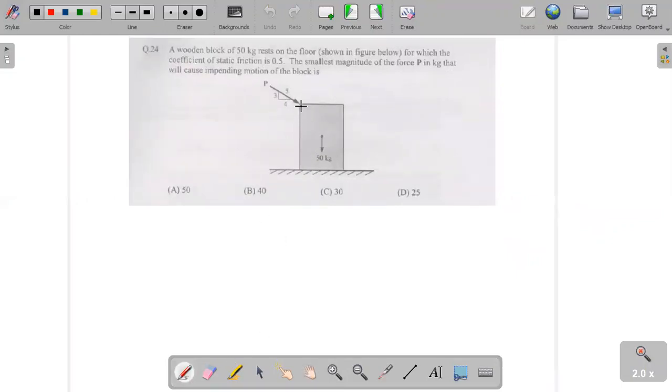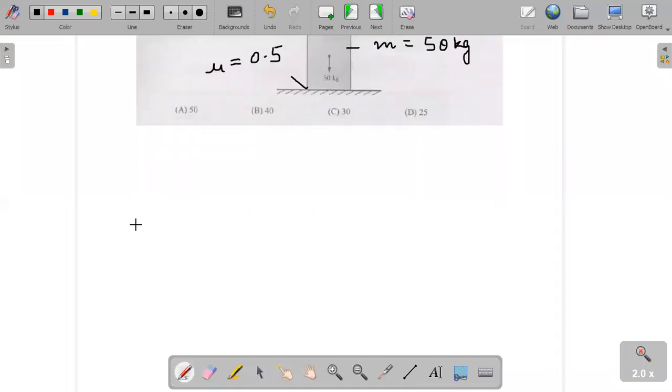In this question, you can see a wooden block is there having mass of 50 kg, and coefficient of static friction is 0.5. Achha, there are two types of friction.